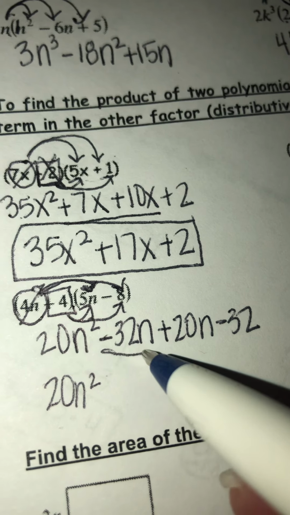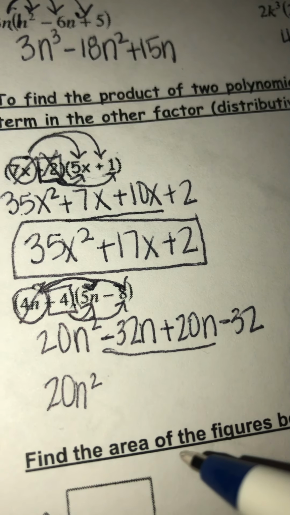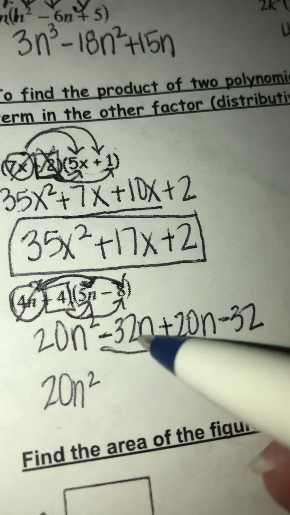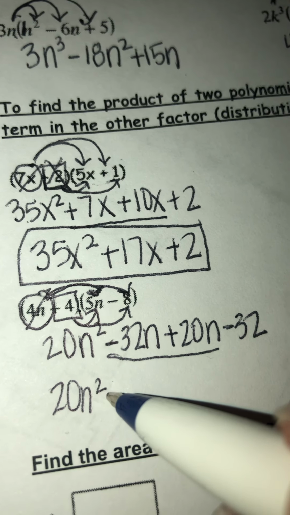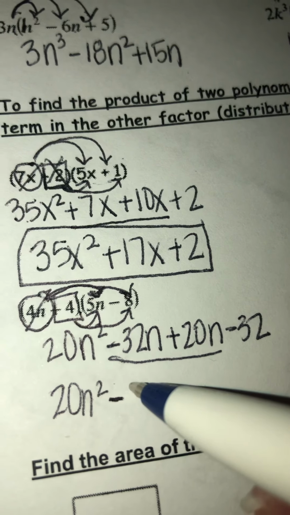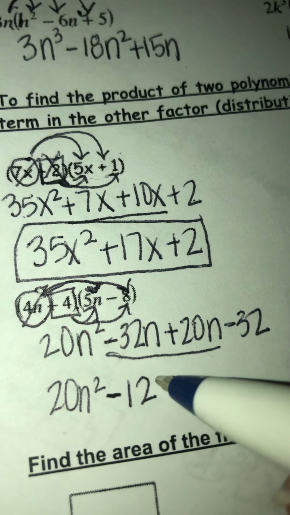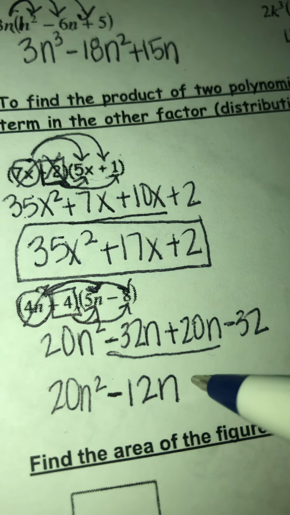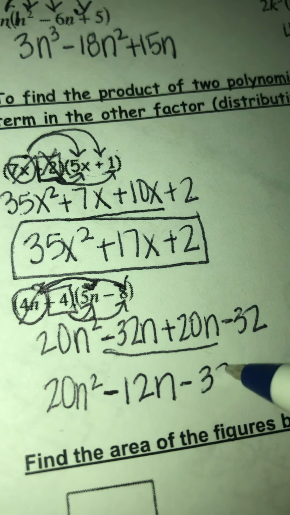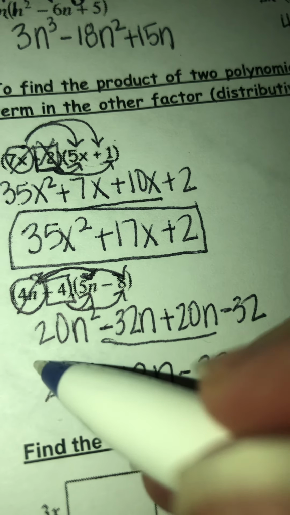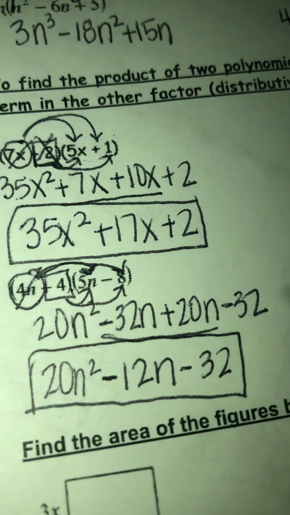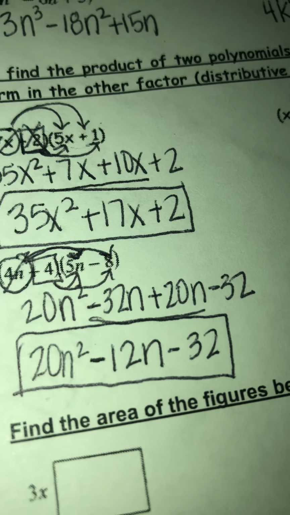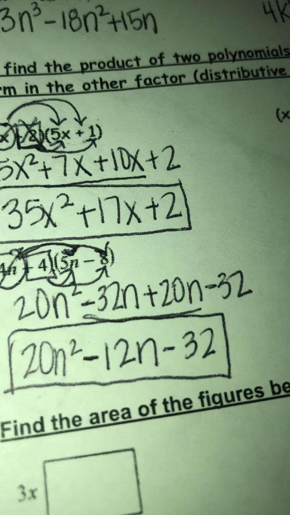I do have two terms here with the letter n next to it, so I'm going to type in negative 32 plus 20 in my calculator. If I type in negative 32 plus 20, it should give me a negative 12n. And then minus 32, I'm just going to write down because there are not any like terms with negative 32. So here's my final answer, 20n squared minus 12n minus 32.